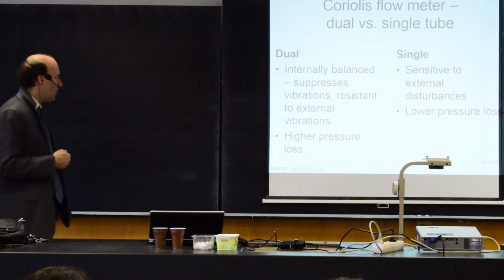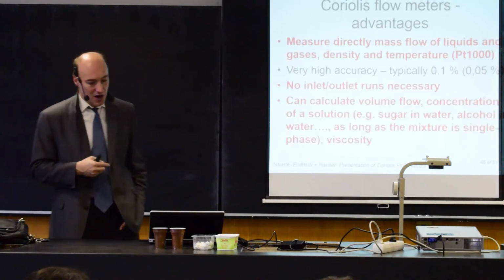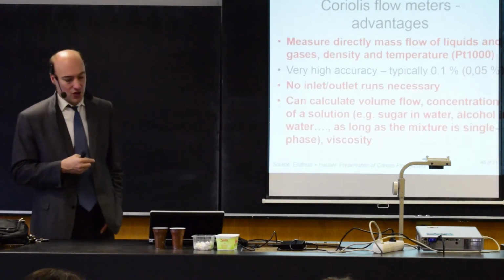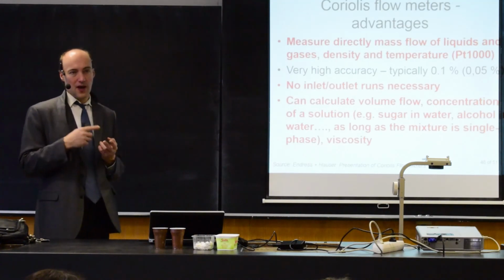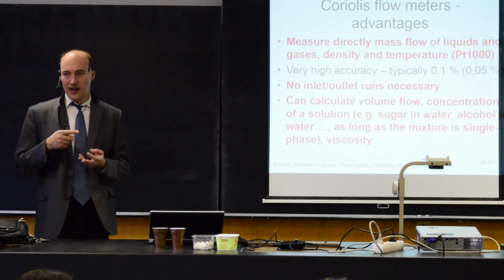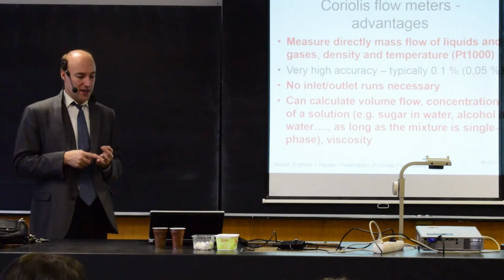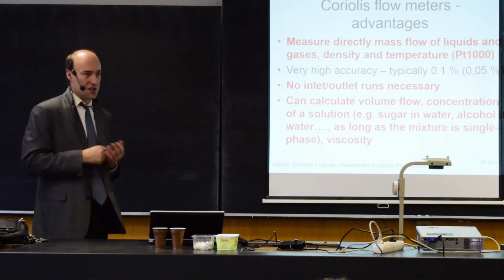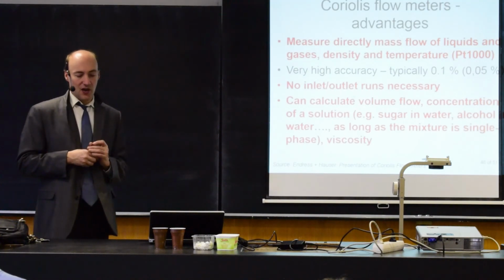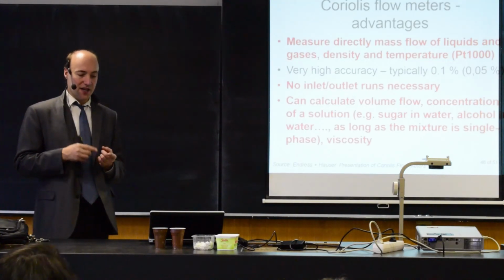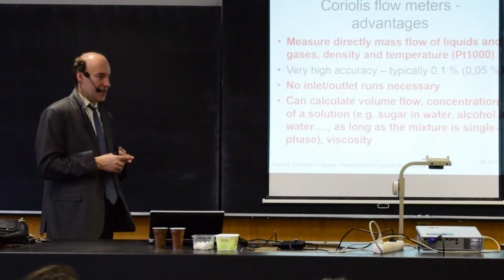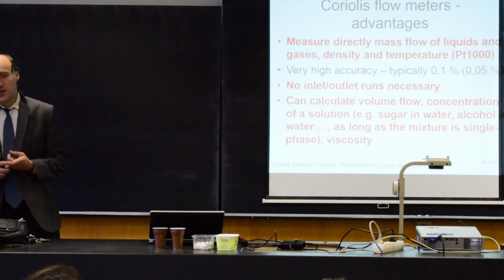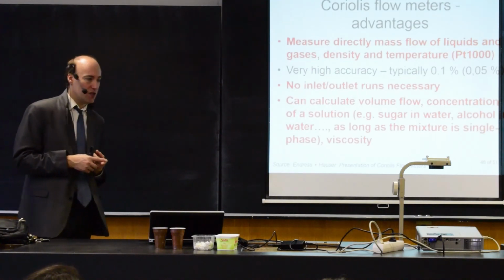The advantages of the Coriolis flow meters are that it measures directly mass flow and density. It can measure temperature as well. The typical sensor used in this Coriolis flow meter is a PT1000. It is a very accurate sensor. The typical accuracy is 0.1% of range.